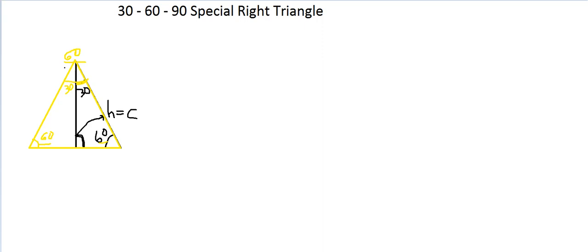Now if you do remember as well, this is a line drawn from one of the vertices of the triangle, which is perpendicular. Since this is perpendicular, this measures 90 as well. Now, the opposite side of our 90-degree angle is what?